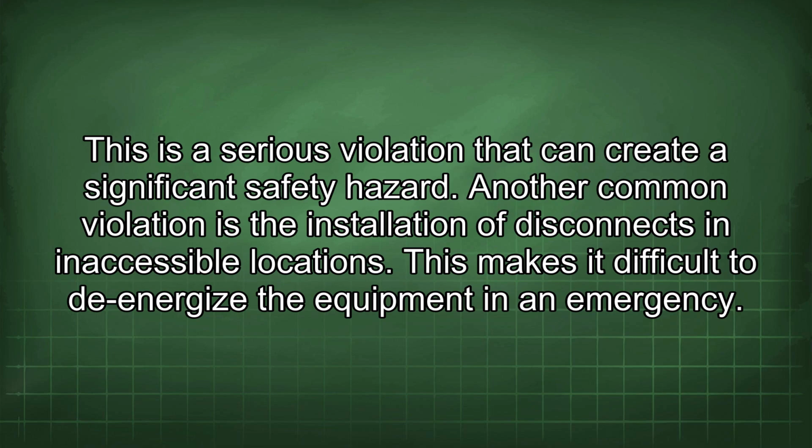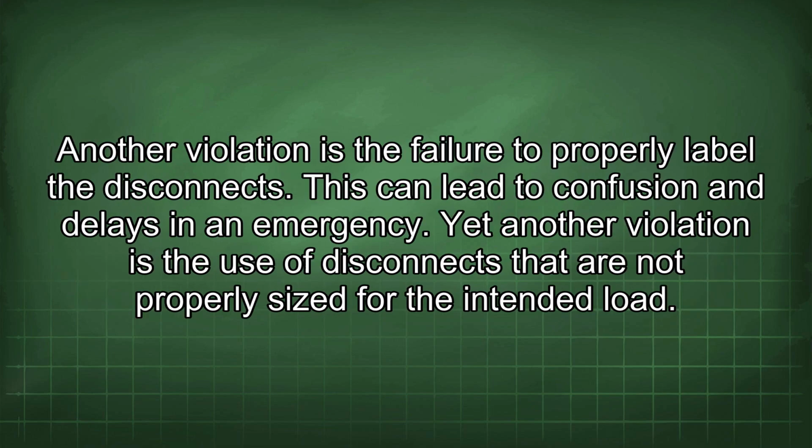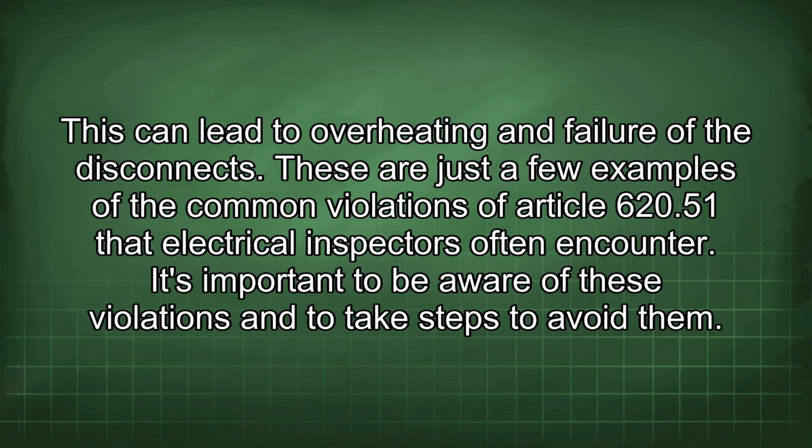This makes it difficult to de-energize the equipment in an emergency. Another violation is the failure to properly label the disconnects. This can lead to confusion and delays in an emergency. Yet another violation is the use of disconnects that are not properly sized for the intended load. This can lead to overheating and failure of the disconnects.